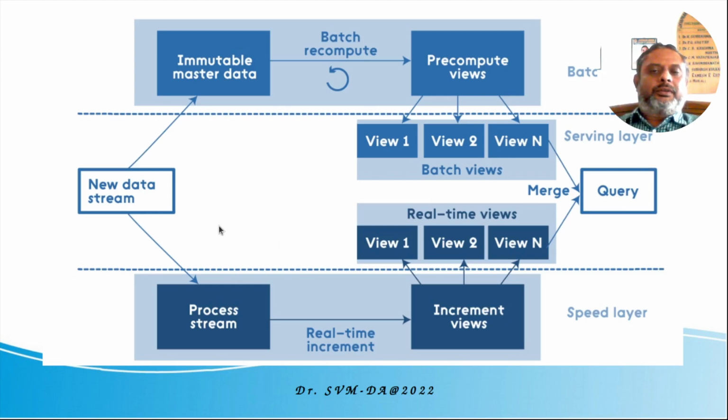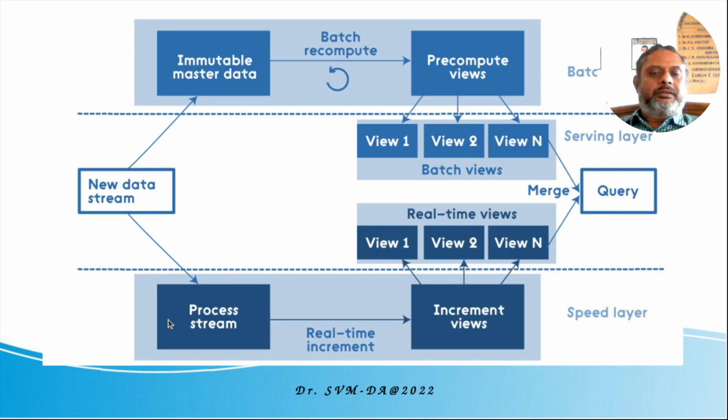Another way of this process, the data stream is coming, and that goes into two parts. One is the master data, where the data is collected till one batch of data is formed, and when the batch of data is available, then a batch of data is computed, and various views are available at the server layer.